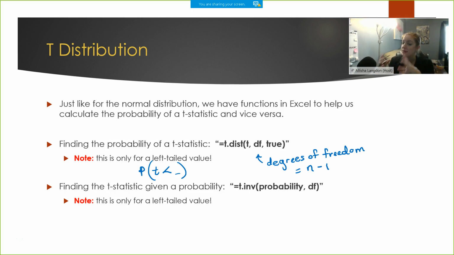We can do the same thing with your t value, where instead of using norm.inv, we're using t.inv. You put in the probability and then a comma and the degrees of freedom. So df stands for degrees of freedom. Now remember, this is for a left-tailed value as well, which is a less than value.